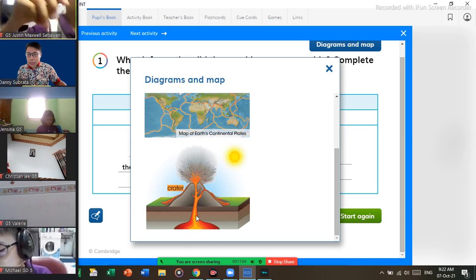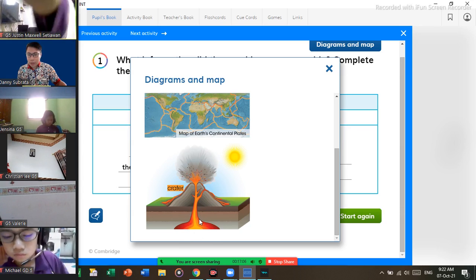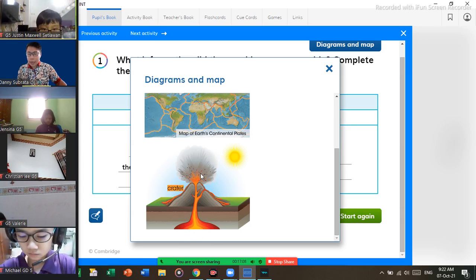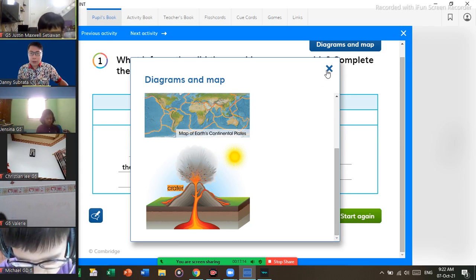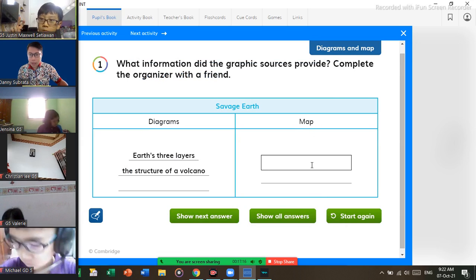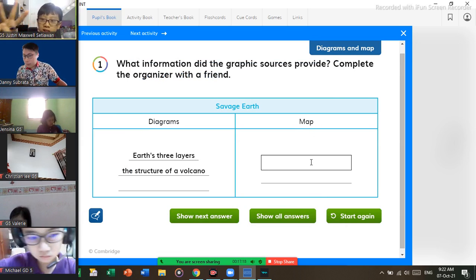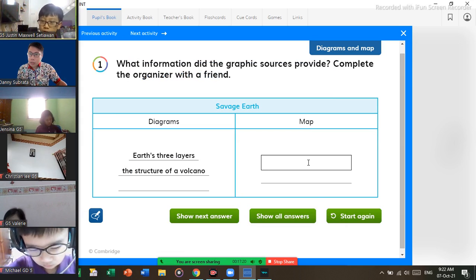Because you can see the inside of the volcano until the outside. You can see the anatomy. You can see the sliced form of the volcano itself. Can I write the three like this, just a number? That's fine.